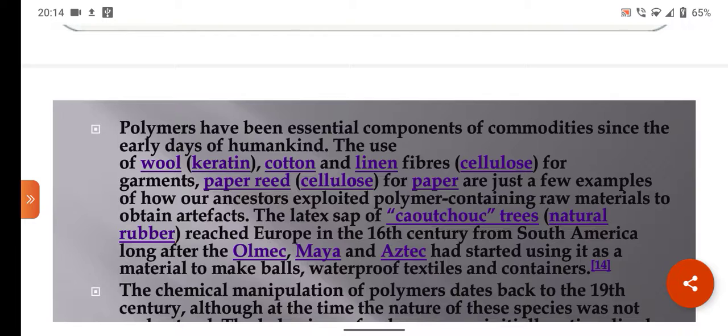The use of wool, keratin, cotton, and linen fibers, cellulose for garments, paper, are just a few examples. The latex sap of the rubber tree reached Europe in the 16th century from South America.